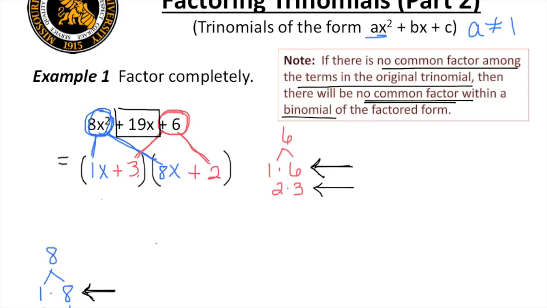We can know straight away that this is wrong because notice that the second binomial has a common factor of 2, which cannot be possible since our original trinomial does not have a common factor. So let's try putting the 2 in the first binomial and the 3 in the second.